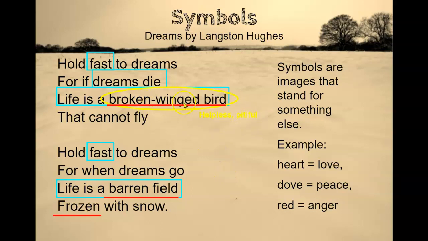So the author is saying this life without dreams or hope is a helpless, pitiful life, something that we don't admire, we feel sorry for. The barren field shows something that is empty and lifeless. And then the snow, that would also symbolize winter, and winter often symbolizes an ending of things.